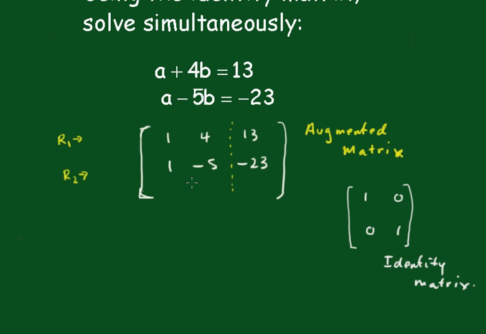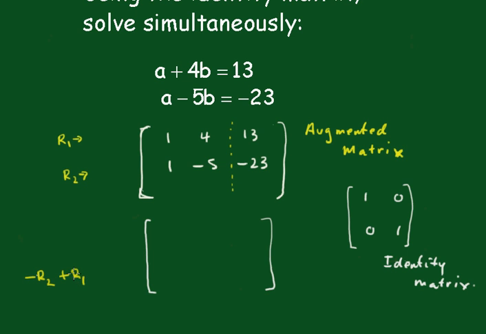Okay, now to do that, what I'll do is this. First up, I'll change the sign in row 2, so it's minus row 2, and then I'll add row 1.